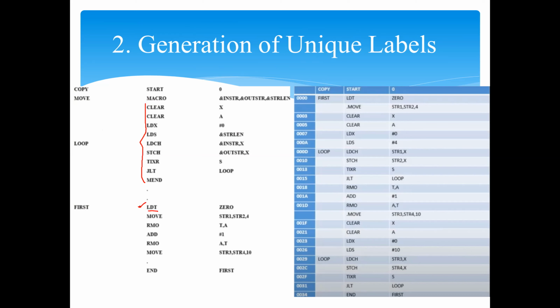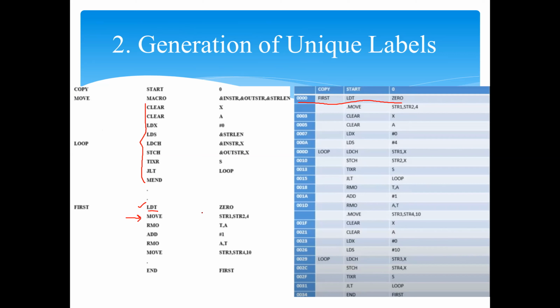This is the first statement in your program. When the macro processor processes this entire program, the first statement that will be loaded is this statement, LDT 0. Here you can see in memory you have LDT 0. Then the immediate next statement is a macro expansion.